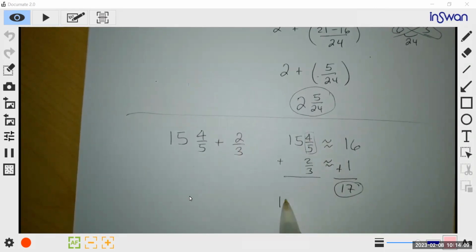So we just have 15, since there's nothing else to add it to. And then we add the fractions. 4/5 plus 2/3.